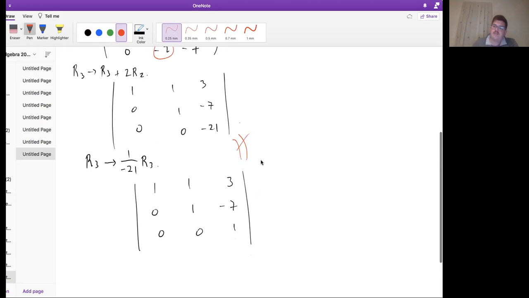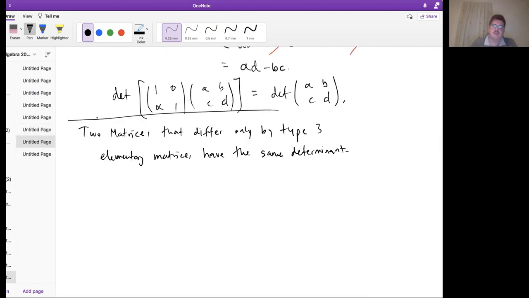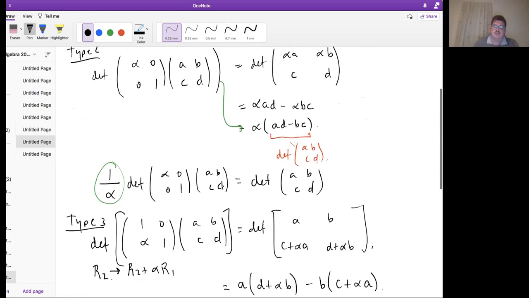Right, it's off by a factor of -21. But if I offset it by multiplying by -21, then the determinants will be the same. This is this.